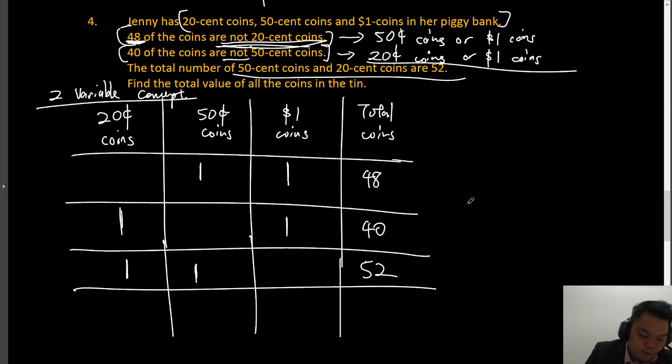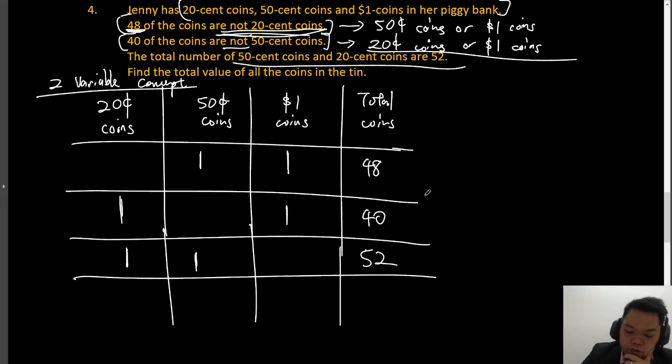So over here, 48 of the coins are not 20-cent coins. Okay, got it? So now, what else can we do from here? You can see that if we try to add up everything over here, if you sum everything, you are going to get all your 20-cent coins plus all your 20-cent coins over here.